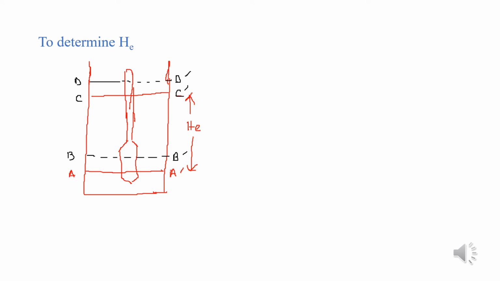Now let us consider the cross-sectional area of the jar, AJ. So this is my cross-sectional area of the jar.